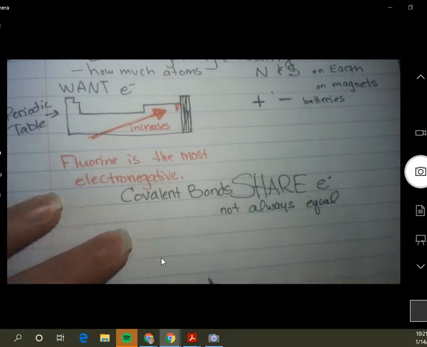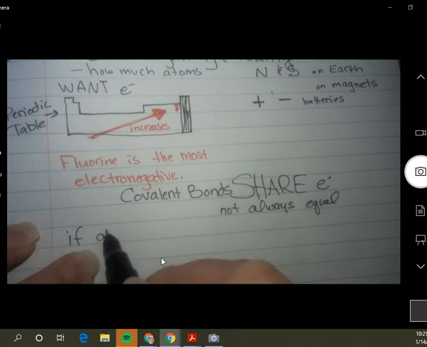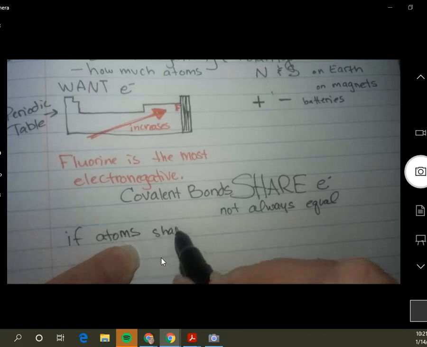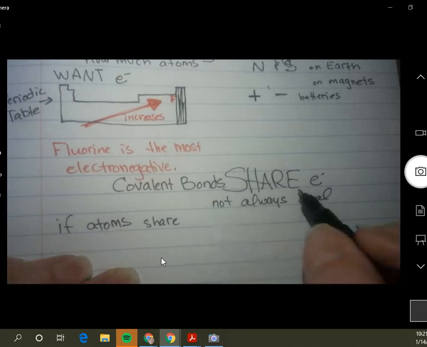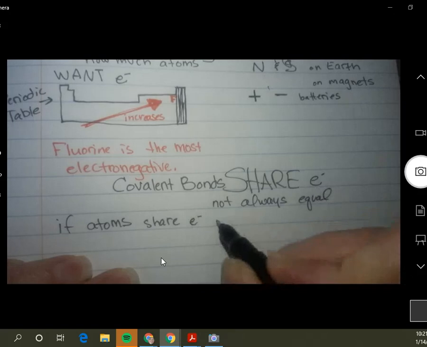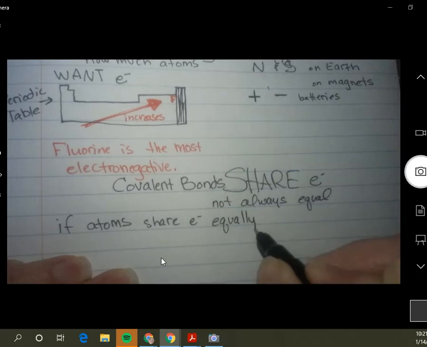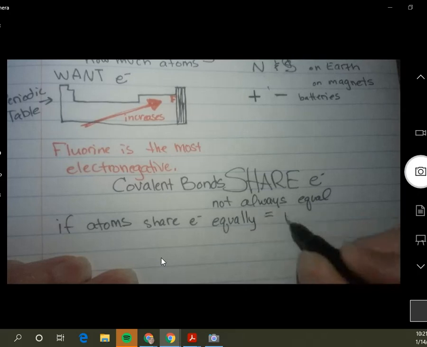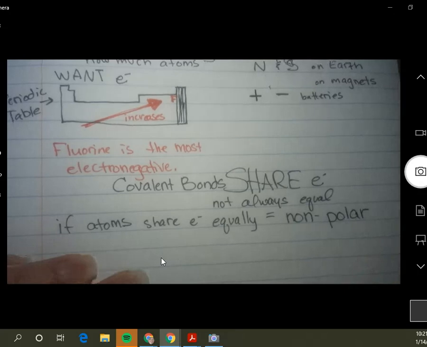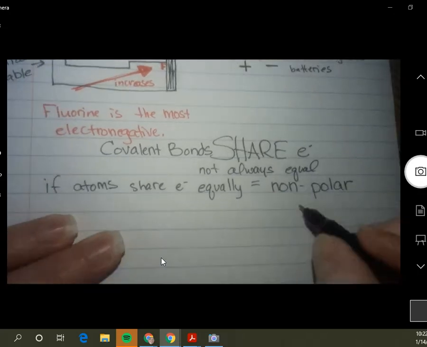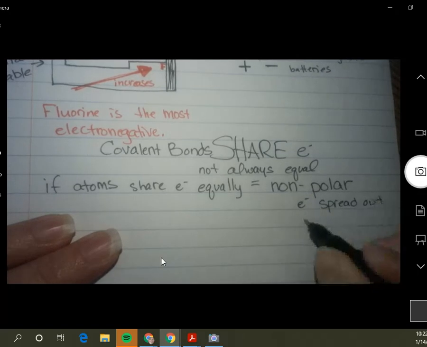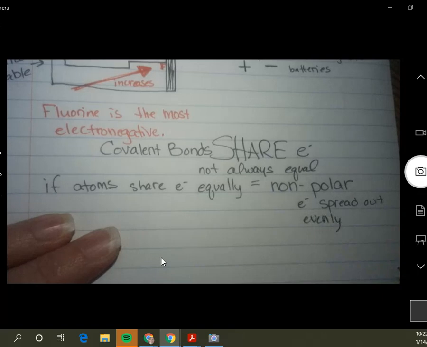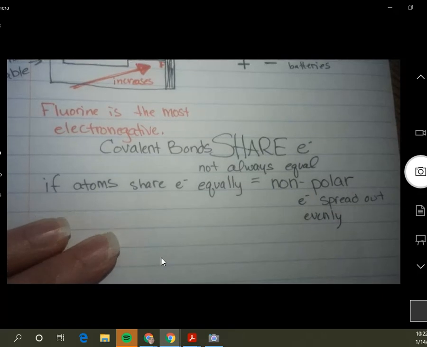Okay. So if atoms share nicely, and what are they sharing again? Electrons. If atoms share their electrons equally, so if they share the way sharing was intended, it is a non-polar bond. So the electrons are spread out evenly. Okay. But we know that's not always the case.